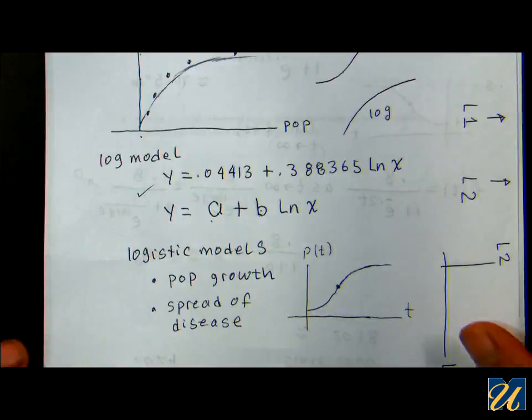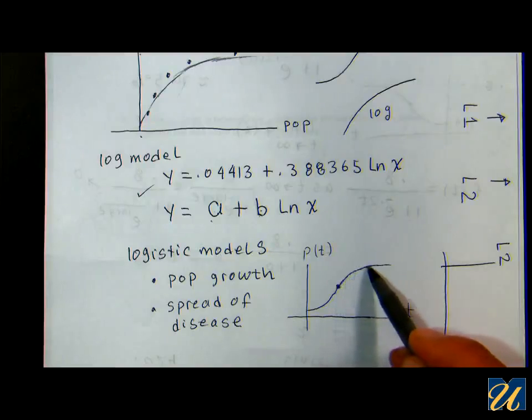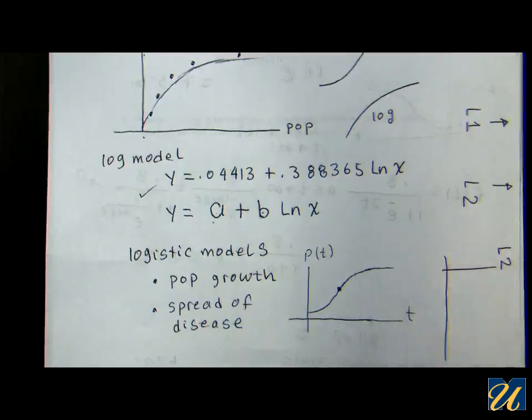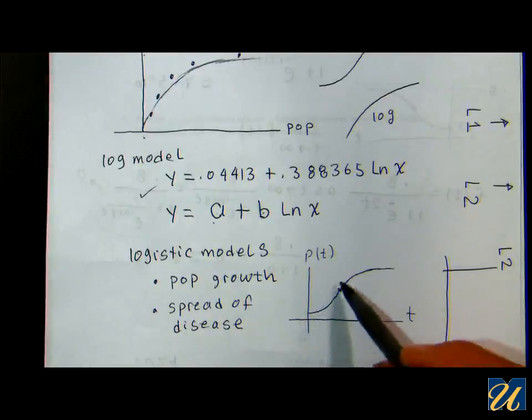There are other applications for logistic models, but the competing factor here with the logarithmic function is that we have this magic place where the growth begins to become less and limited. Prior to that, it's a growth explosion.